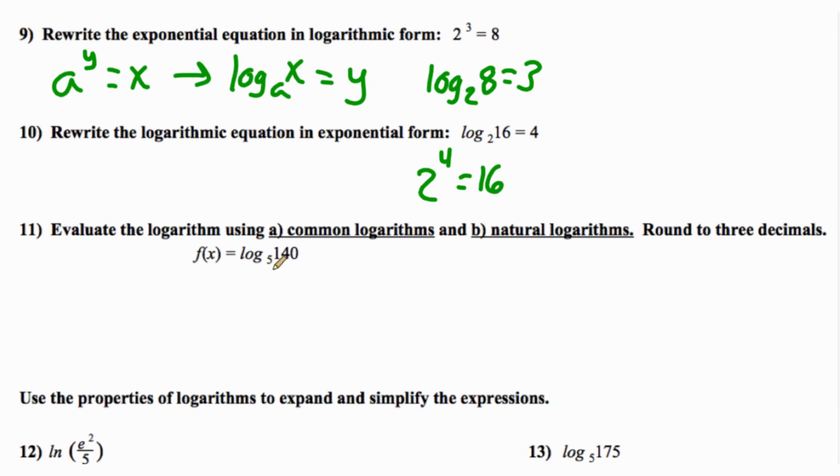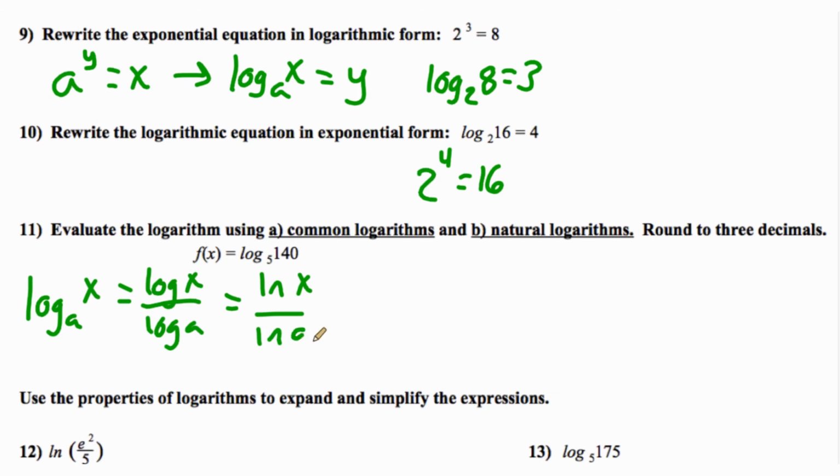In number 11, we're asked to evaluate this logarithm using common logarithms and natural logarithms. The reason we're doing this is because not everybody has a log base button on their calculator, so it's important to be able to use these base 10 logarithms and natural logs instead of this base 5. So when we're doing change of base formulas, if we've got log base a of x, we take the log of x divided by the log of a, or the natural log of x divided by the natural log of a.